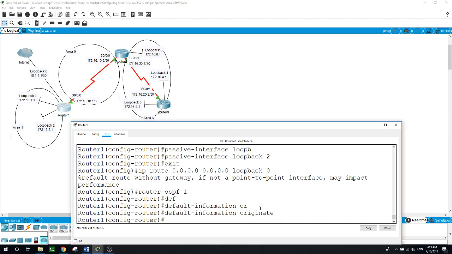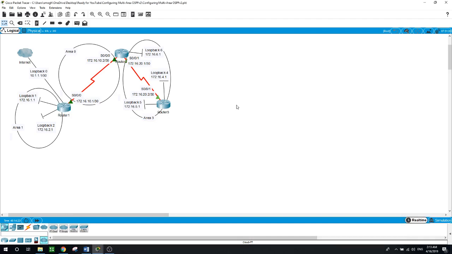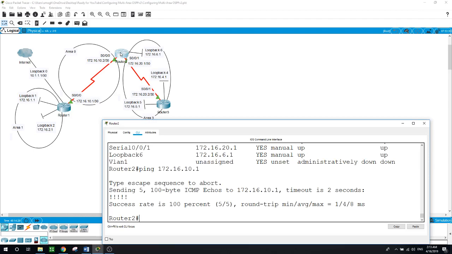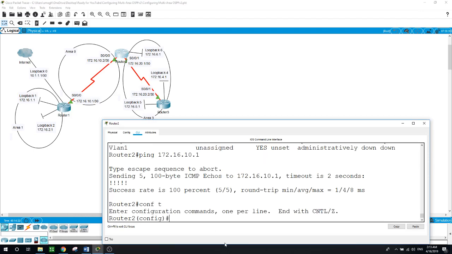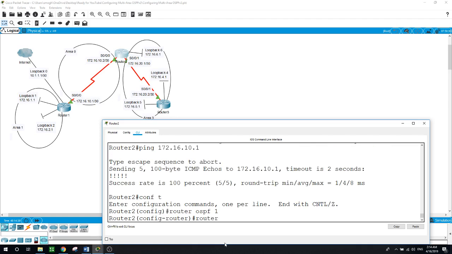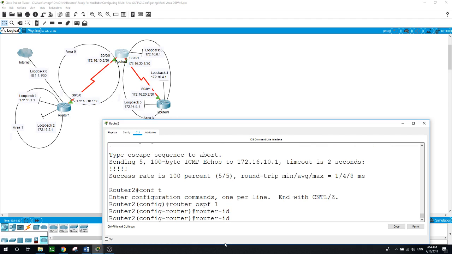Now on router 2, the ID for the router will be 2.2.2.2. Configure terminal, router OSPF process ID 1, router ID 2.2.2.2.